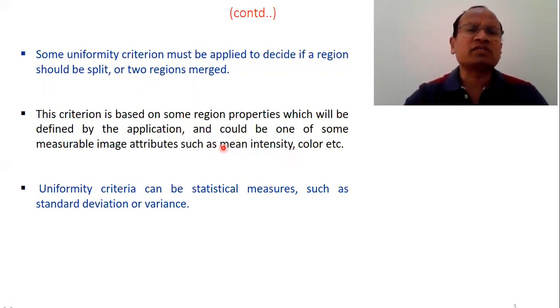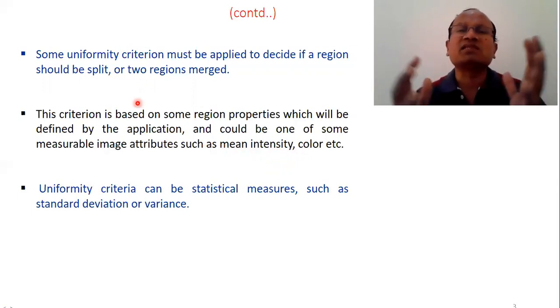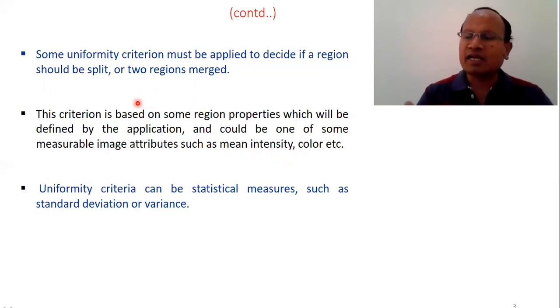Based on these features, criteria will be defined. The criteria may check mean value of grayscale, mean intensity values, average color values, and so on. So the criteria will depend on the features which are responsible for segmenting an image.